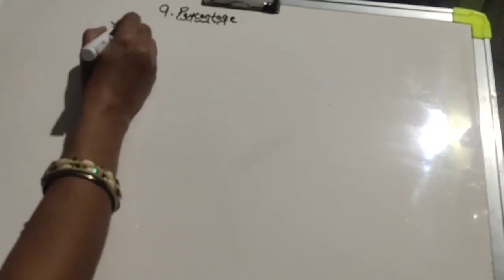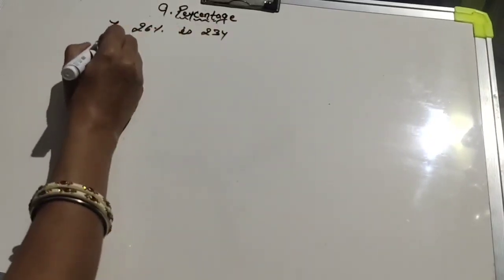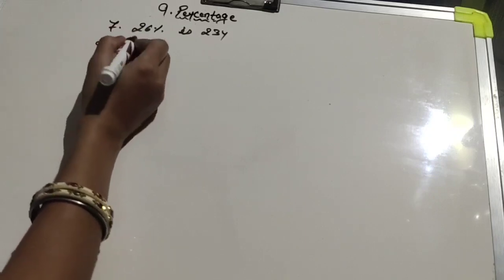Now go with question number 7, which is: find the number if its 26% is 234. So what to do? Simply write the solution.